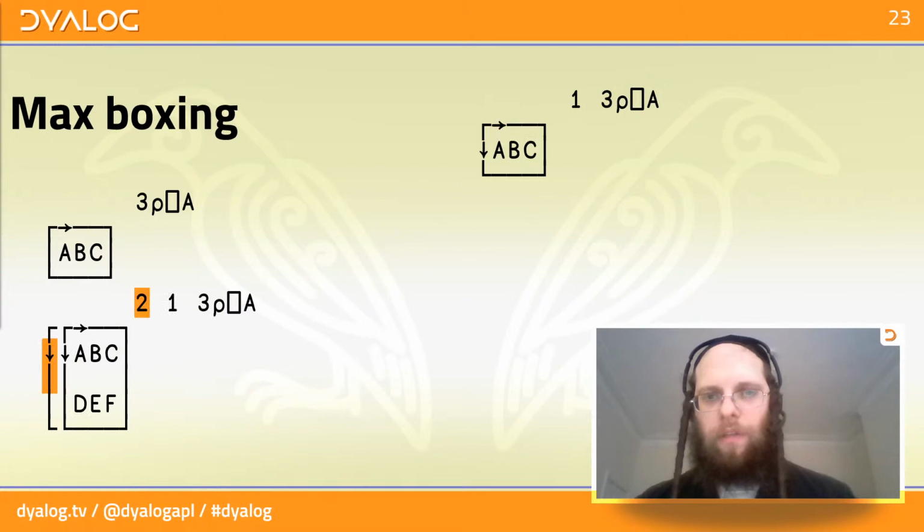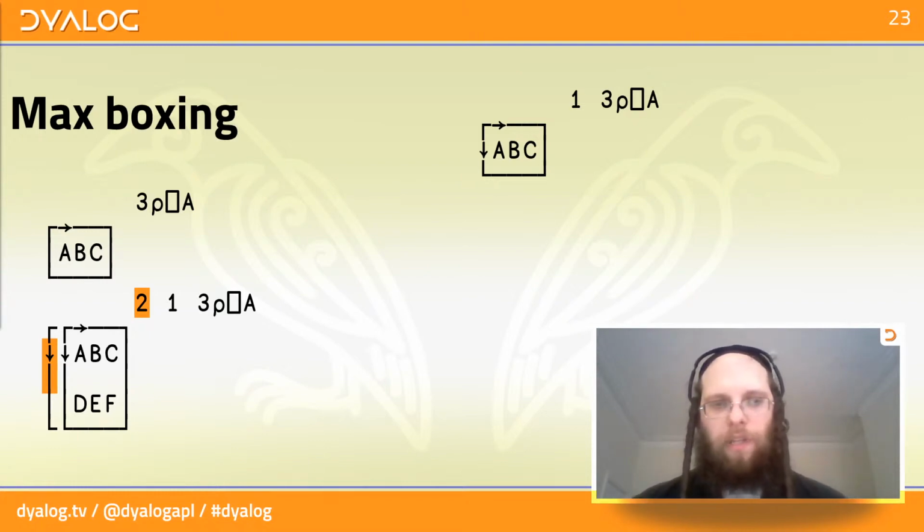So increasing the rank, here is a rank 3 array. And this is of course hard to project, a rank 3, that means a 3-dimensional item, onto a 2-dimensional screen. Boxing is doing this by drawing an additional line on the left for a leading axis, and this can be a little bit hard to interpret.